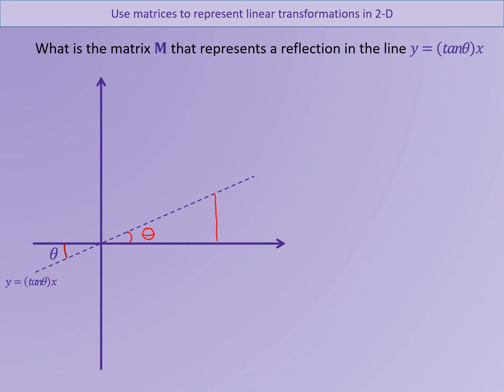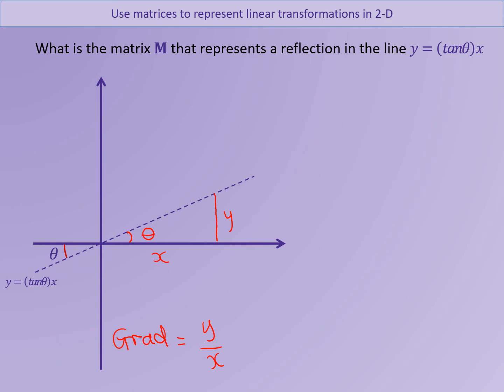If we wanted to work out the gradient of this line, we would need to know this length here, the change in y, and the length across the bottom, the change in x. And the gradient would be equal to y over x, so the change in y divided by the change in x.